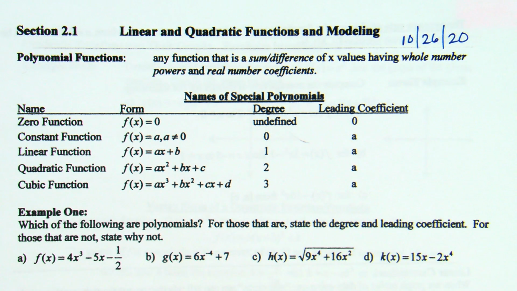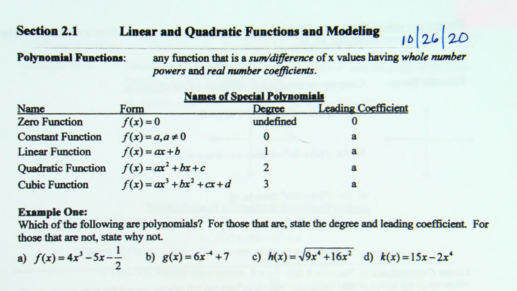There's a chart here. Okay, so any function that is a sum or difference of x values having whole number powers and real number coefficients. So for instance, 2x squared plus 3x plus 5. That's a polynomial. Okay?